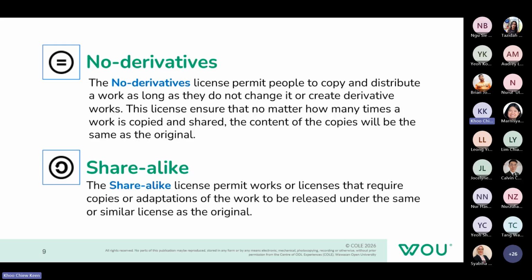You have to use it verbatim as it is. So if you were to change the content or modify or adapt it yourself, then you will infringe that particular no derivatives component or attribute of the license already, which is considered wrong. So this no derivatives license means you have to use it as it is.